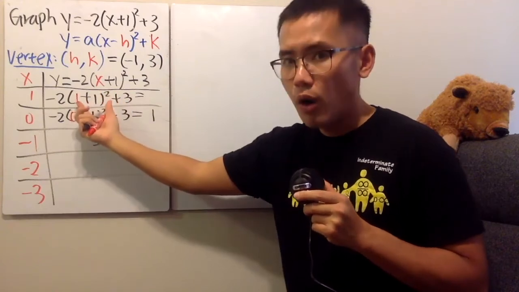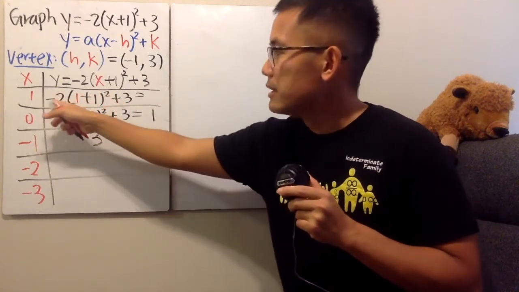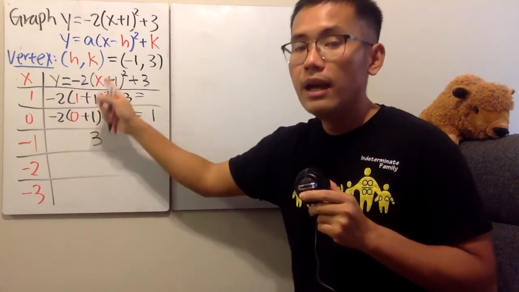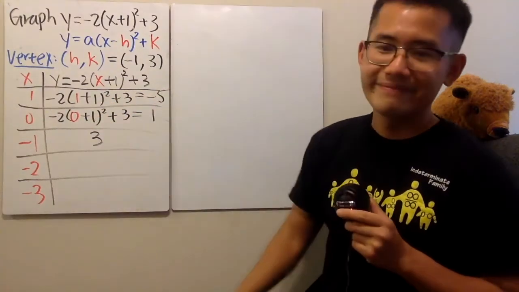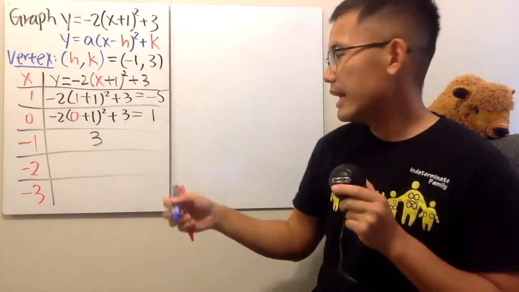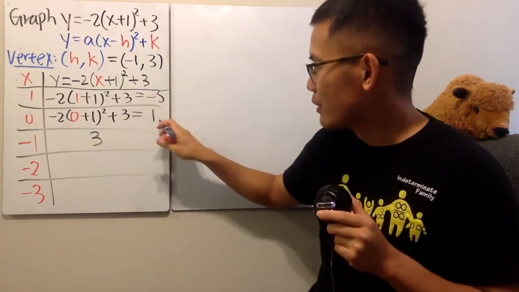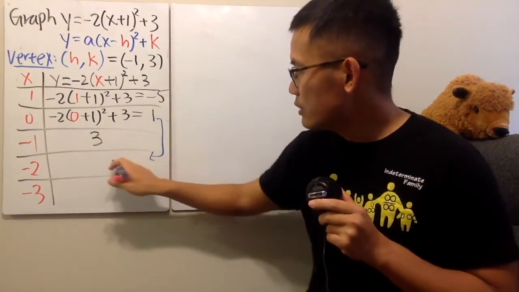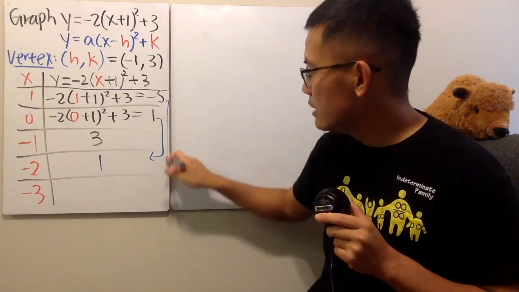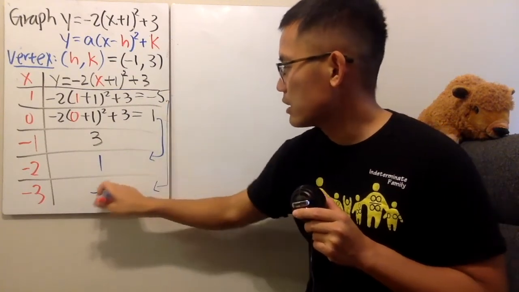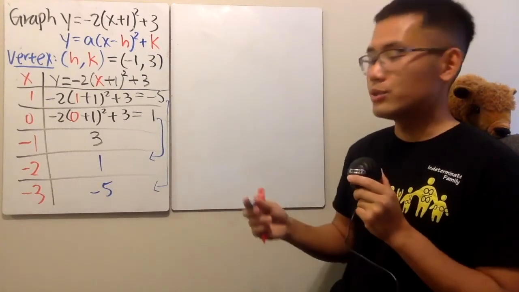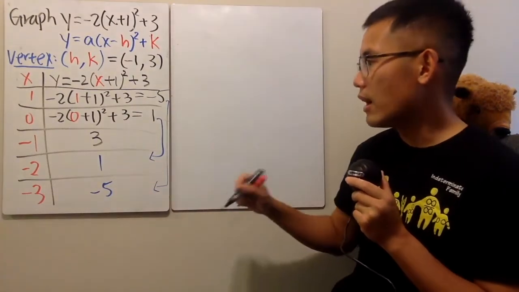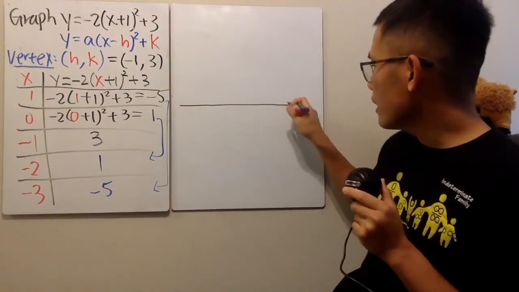Square that is 4. 4 times -2 is -8. -8 plus 3, we get -5. So that's it. And you see that if you have these numbers, you will know this right here will be 1 and this right here will be -5. It's always like that because parabolas are symmetrical. All right, here we go.